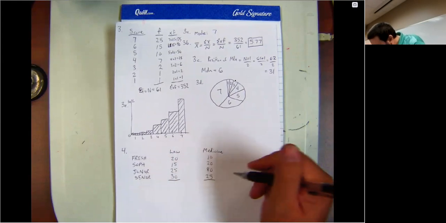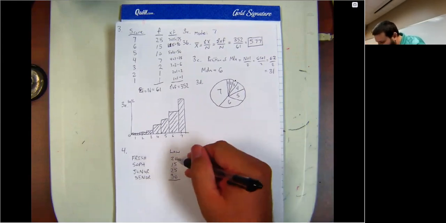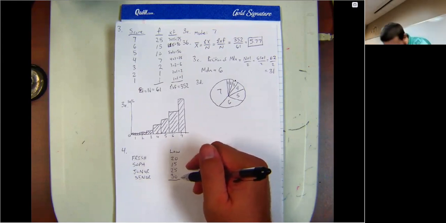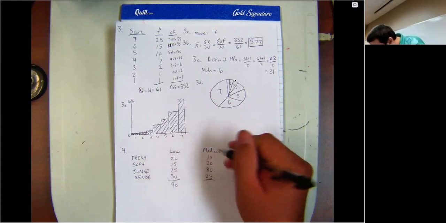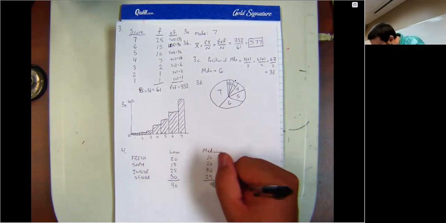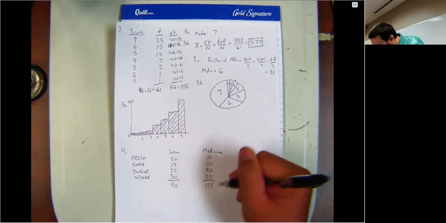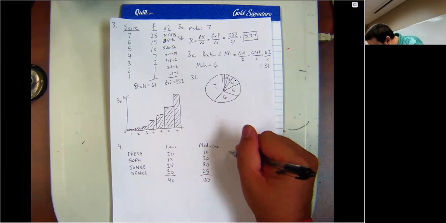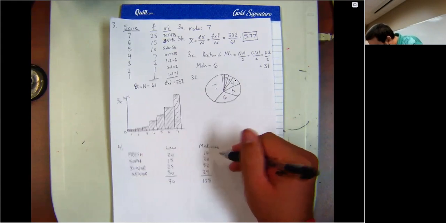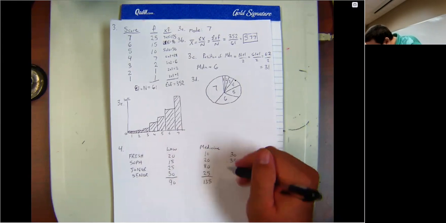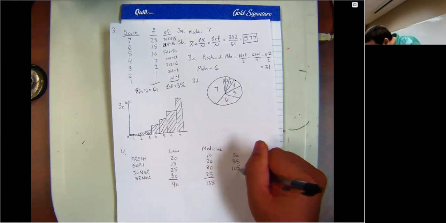Okay. So we get our column totals: 20 plus 15 plus 25 plus 30 is a column total of 90 law majors. For medicine majors, 10 plus 20 plus 80 plus 25 is 135. And then our row totals: 20 plus 10 is 30 freshmen. 15 plus 20 is 35 sophomores. 25 plus 80 is 105 juniors.